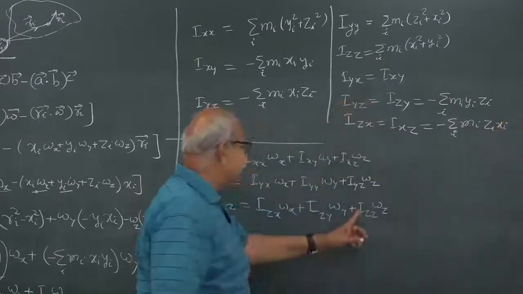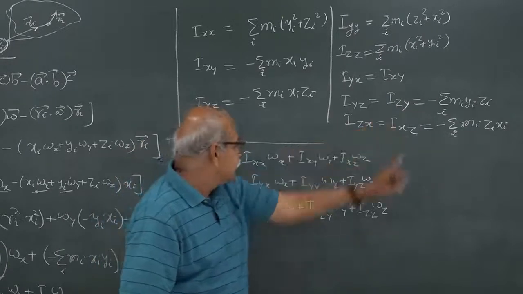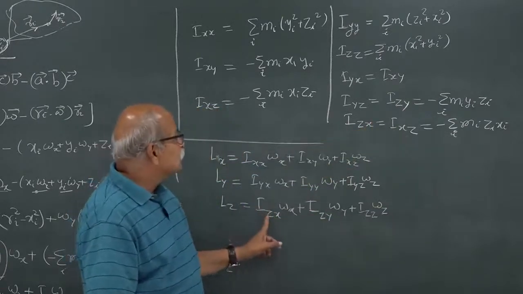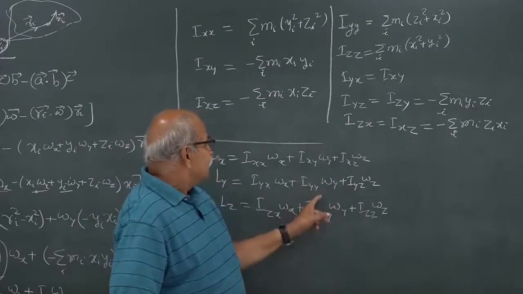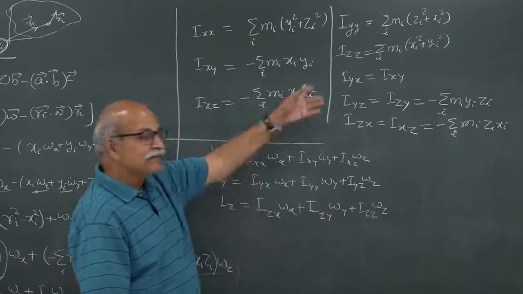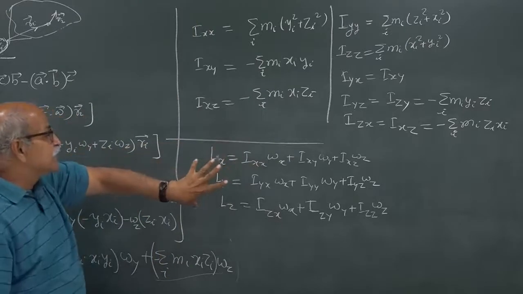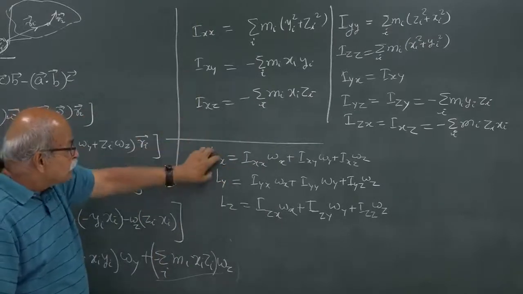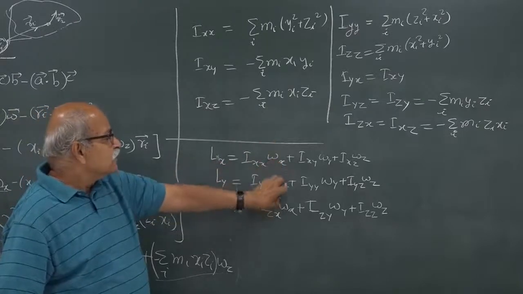So, I have written everything, Izz I have written, Izy I have written, Izx I have written, Iyz I have written, Iyy I have written, Iyx I have written. So, this is the relation between angular momentum components and these omega components.